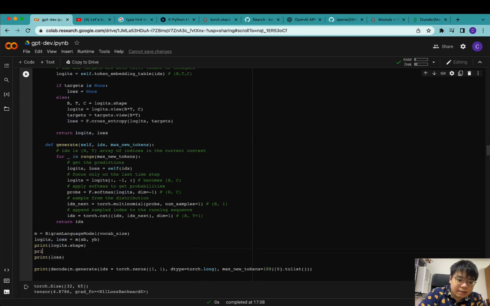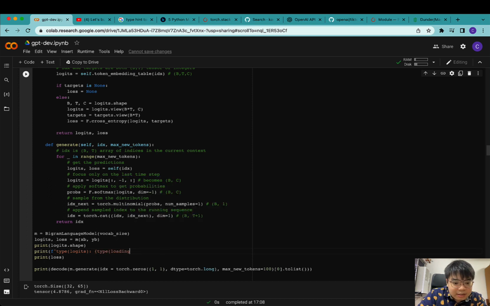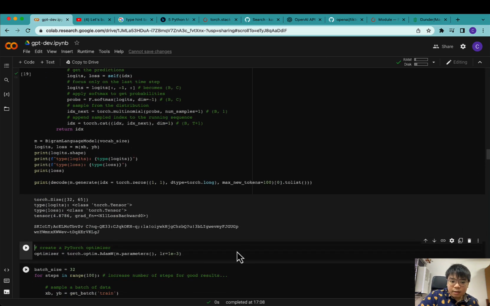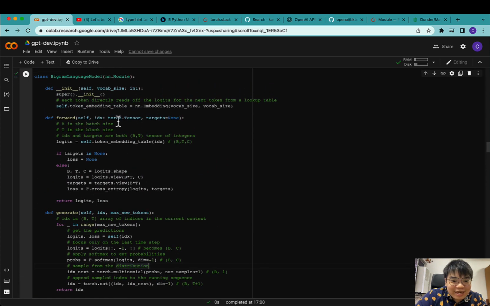Let me print out the type of logits, as well as the type of loss. Okay, nice. I was expecting this to be a torch tensor as well, so my hypothesis was thankfully right.